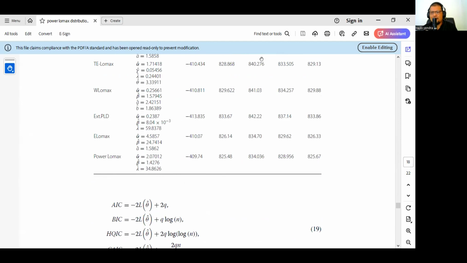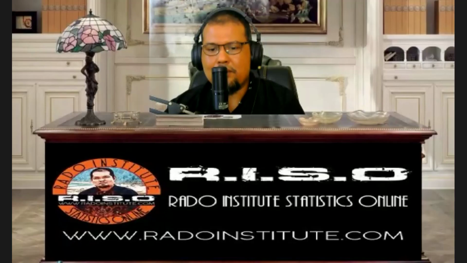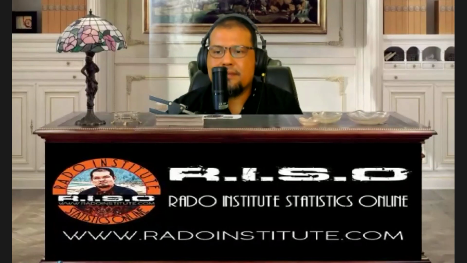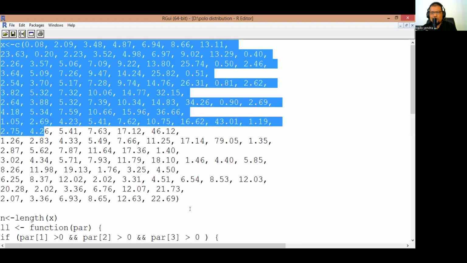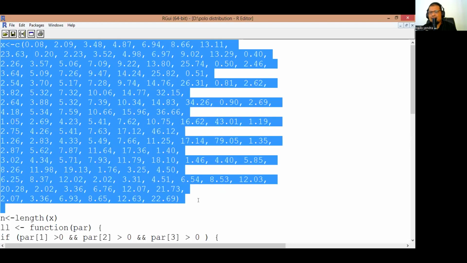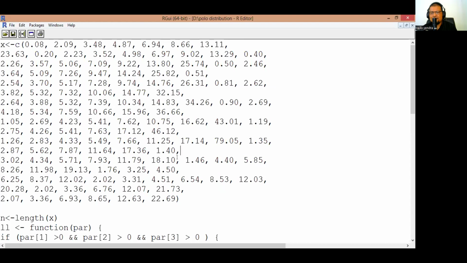Okay, next we open our R programming. This is our programming. So we have put the data, 120 bladder cancer patients, like you can find in this research article.